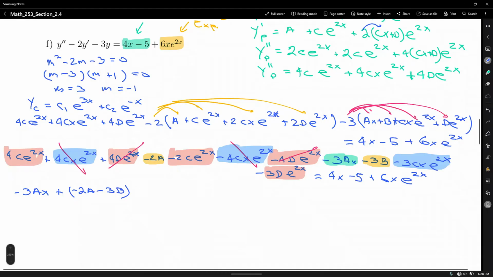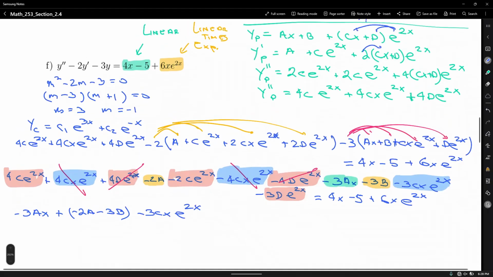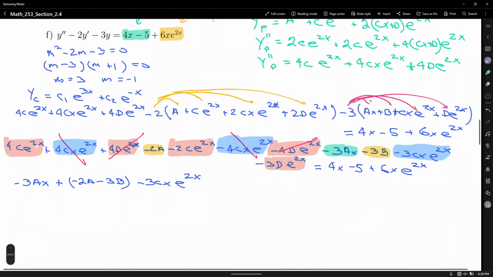And now let me start with the linear. The linear times the exponential, what do we have for the linear times exponential? Isn't that negative 3cx e to the 2x? And then a constant times the exponential. What's the constant times the exponential?